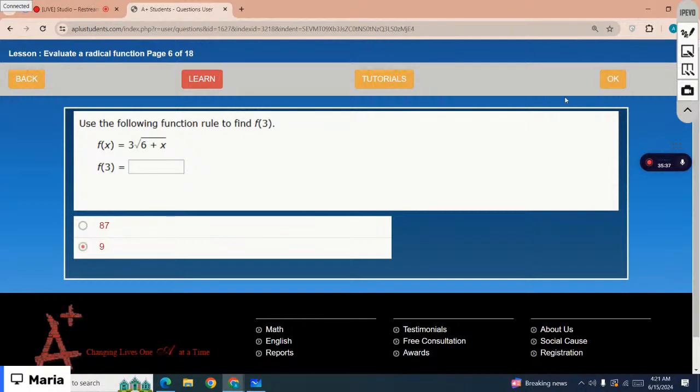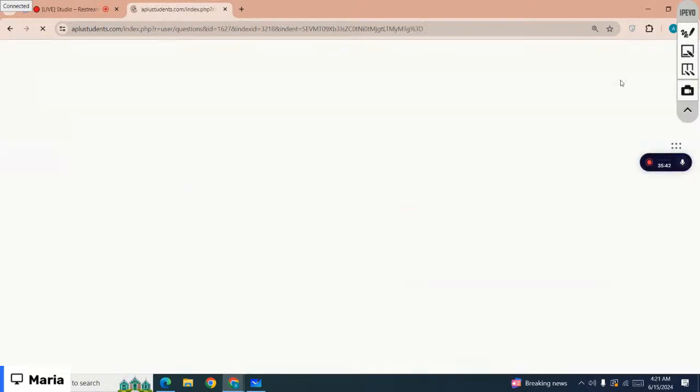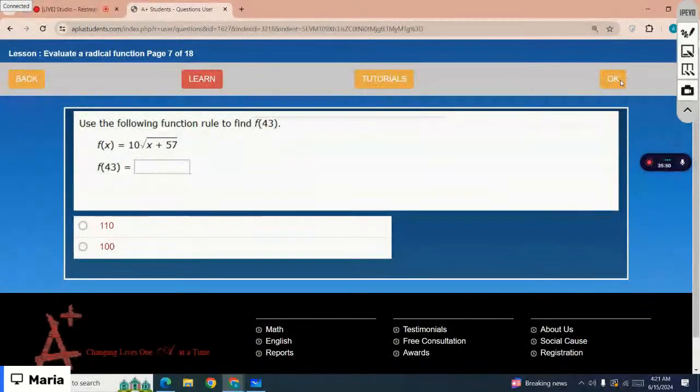Option number 2 is the correct option. To find f of 43, so which is the correct option? The correct option is 100. Option number 2 is the correct option.